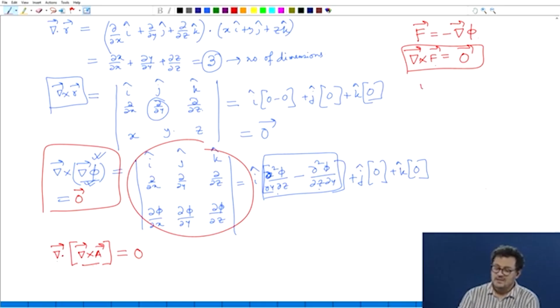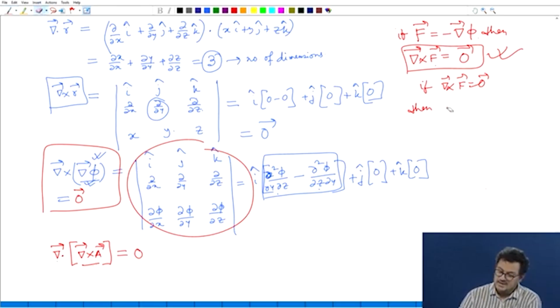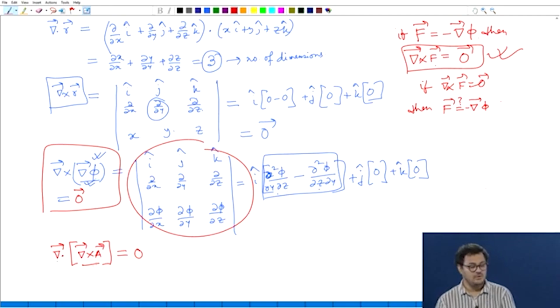That means, if curl of f is equal to 0, which I know holds in the other direction, then can I say f is equal to gradient, or minus gradient, where the minus is just a convention so that you have half mv square plus something, otherwise you will have minus something. Is this true? That I will show in the next lecture.